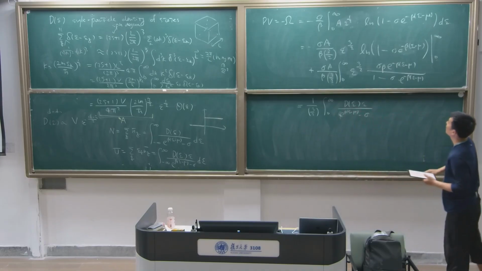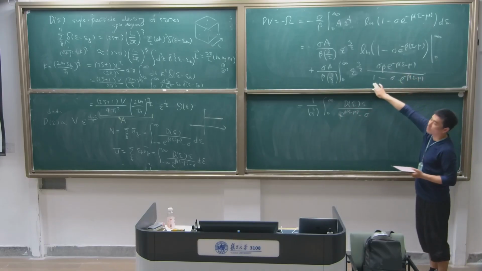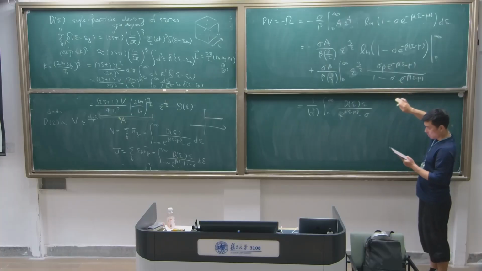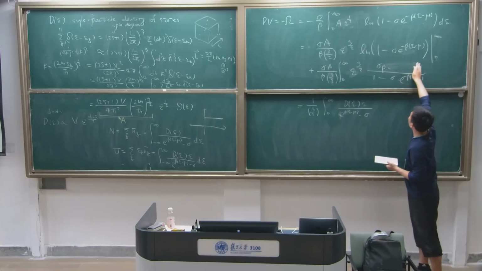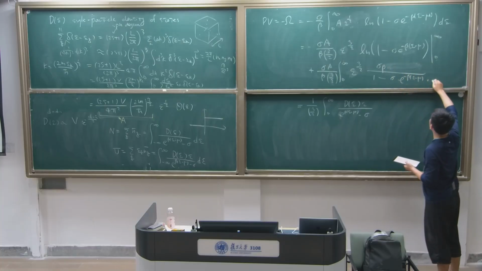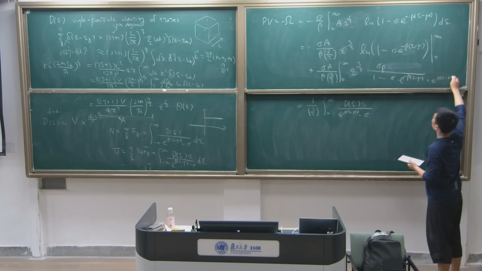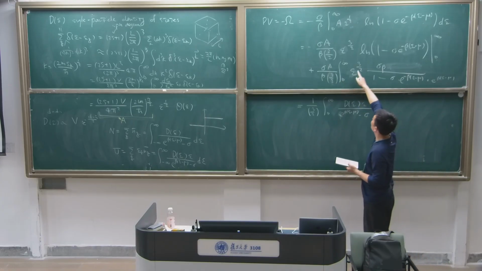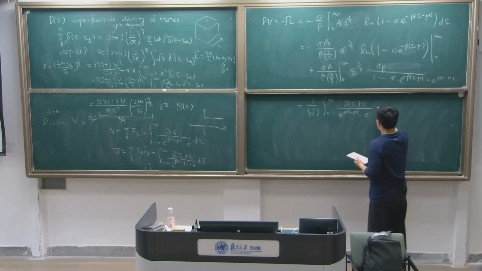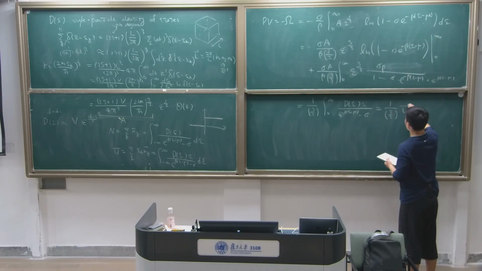Can you see that? I mean, just multiply this one into the downside. Oh, sorry, I think I made a mistake. Is it okay? Yeah, it's okay. So instead of this one, you just multiply in here e to the beta epsilon minus mu. Okay. So then, we know that A times E to the 1/2 is the g of E. So that's what it is. So this one is just 2/3 of the internal energy.